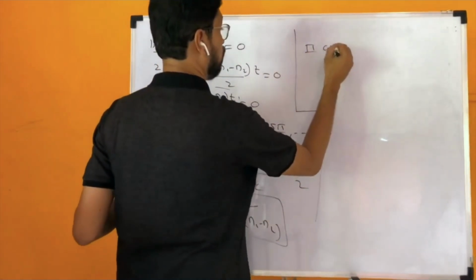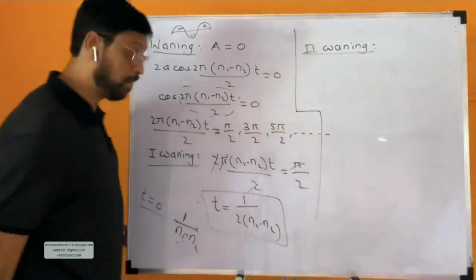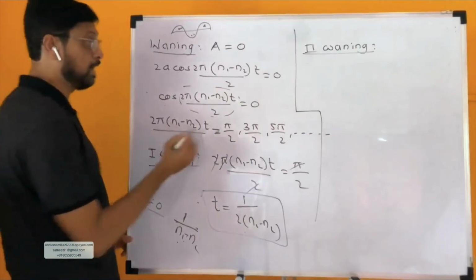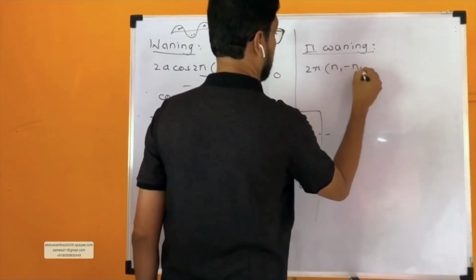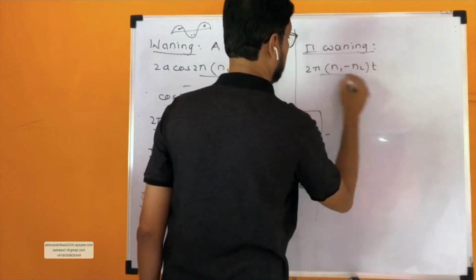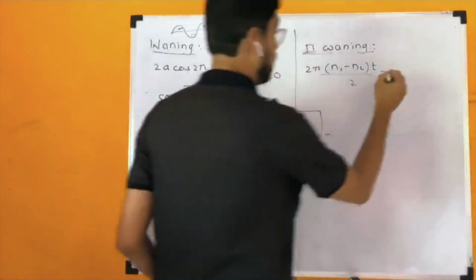Second waning will occur when this angle 2π(n1 - n2)t/2 is how much? 3π/2.